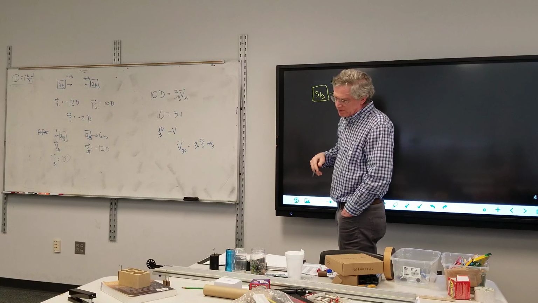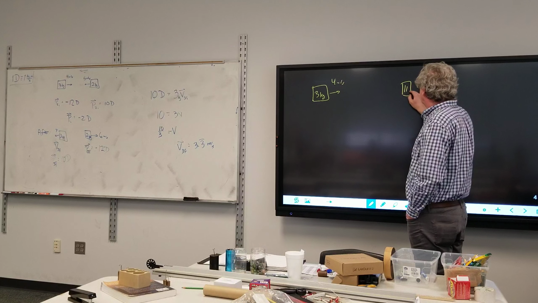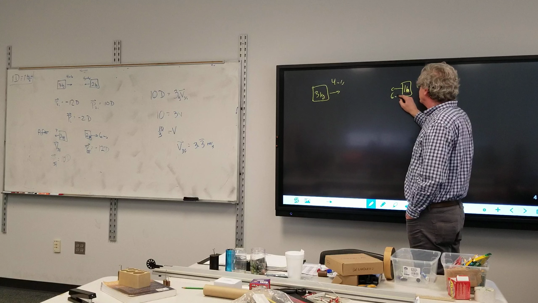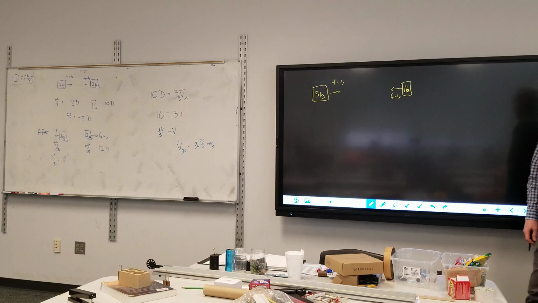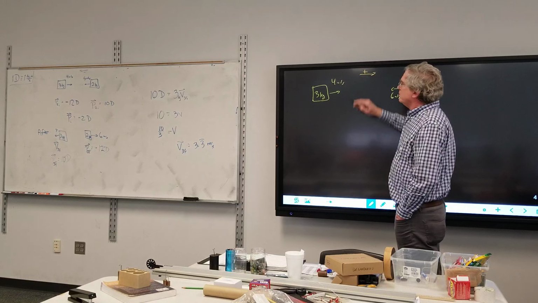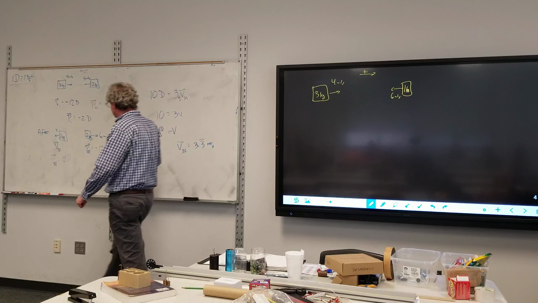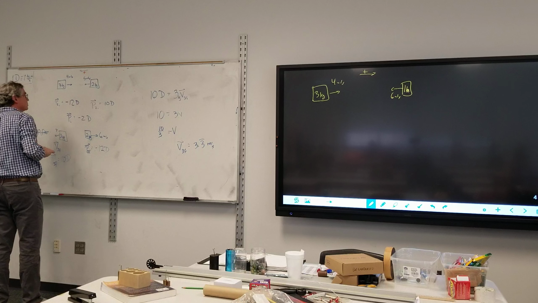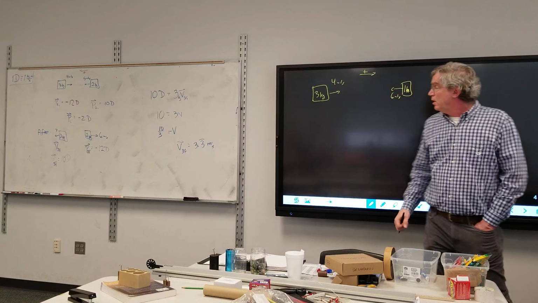Same as before, but this time the other one's going to be a 1 kilogram mass heading to the left at 6 meters per second. Just to mix it up, we'll say to the right is positive.